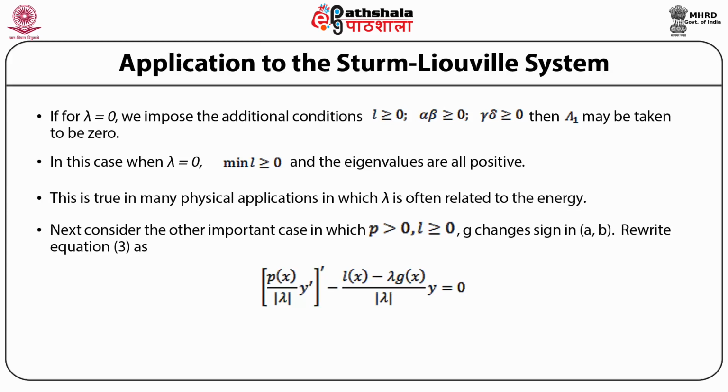We rewrite equation 3 as (P(x) y prime divided by modulus of lambda) prime minus (L(x) minus lambda times g(x)) into y divided by modulus of lambda is equal to 0.